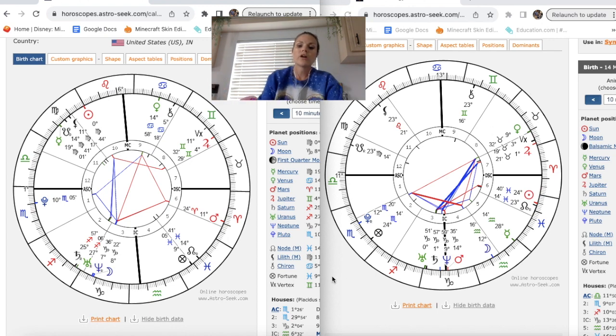And the 2nd house is where we talk about resources and personal resources. So we think about how we get our money, our jobs, how we obtain resources and in the form of money. In the short term, we're talking about the 2nd house. In the long term, we're talking about 8th house.